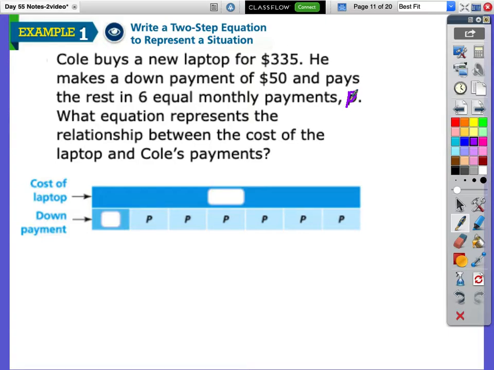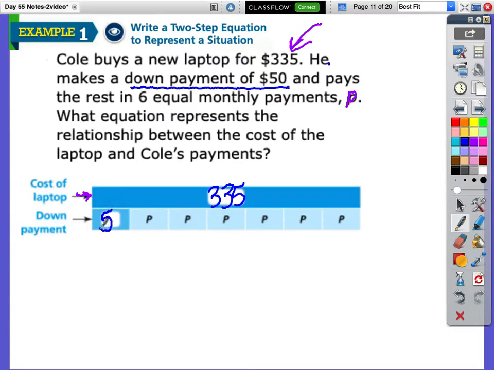Okay, at the very beginning of the problem, it gives us our first bit of information that's important. All right, forget that this is Cole. Just think about if this is you. If you go to Best Buy and you buy a new laptop, you're just going to pay $335 for it. Congratulations. That's a really good deal. So when it's asking us the cost of the laptop, we know that that is $335. I'm going to do it in a little darker color so it stands out. That's $335. Now, he makes a down payment of $50.